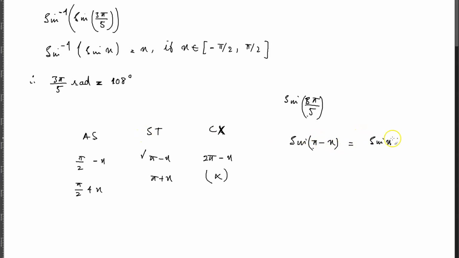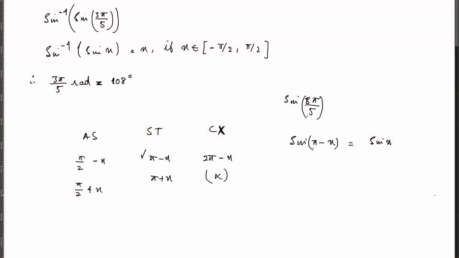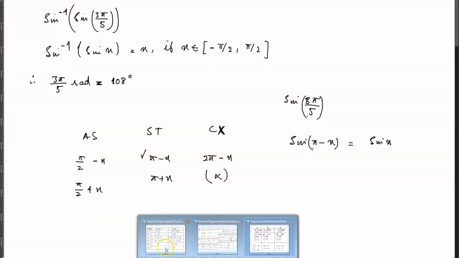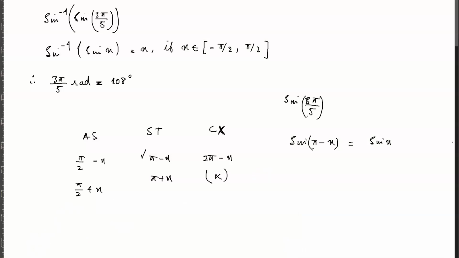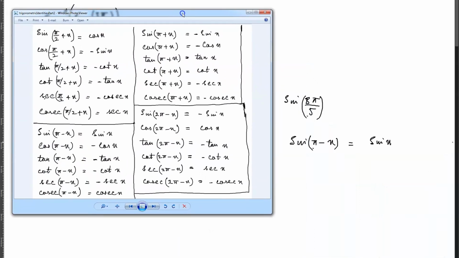So that means that sine of pi minus x is actually equal to sine x. So now if I go back to my formulas, I can see that sine of pi minus x is equal to sine x, exactly as we had it over here, right?